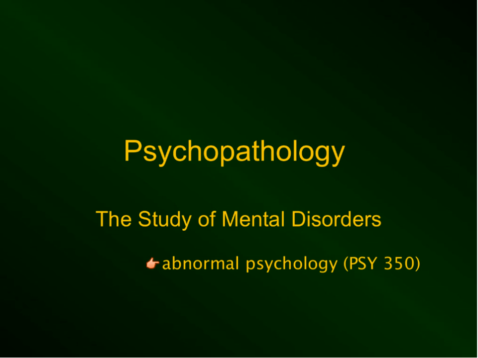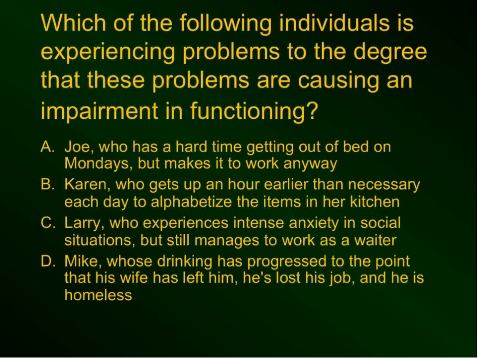What I want to begin with this morning, in an unusual way of beginning the section, is a quick polling question to see what your thinking is like on the front end about these different psychological disorders, and really get you thinking about how we define the difference between normal and quote-unquote abnormal. So here's the polling question: Which of these folks is experiencing problems to the degree that the problems are causing an impairment in functioning?